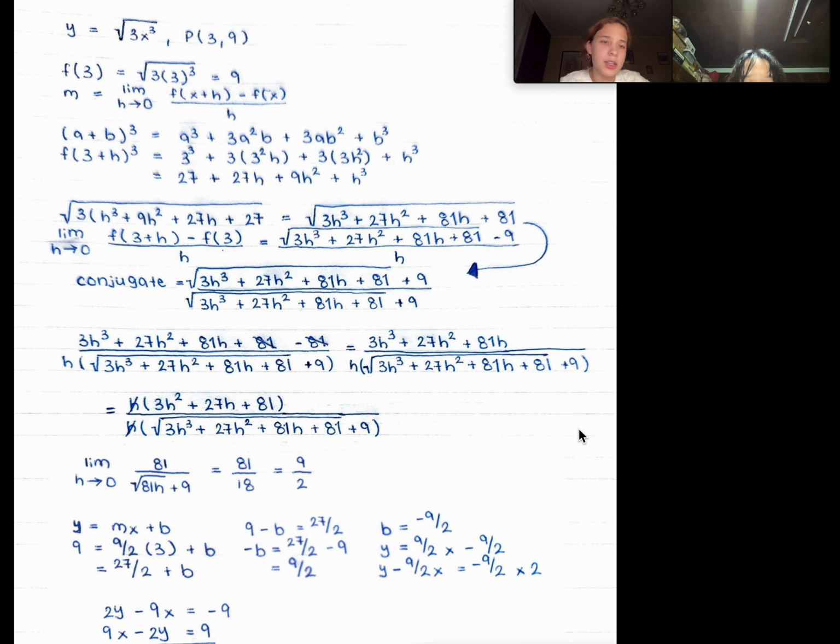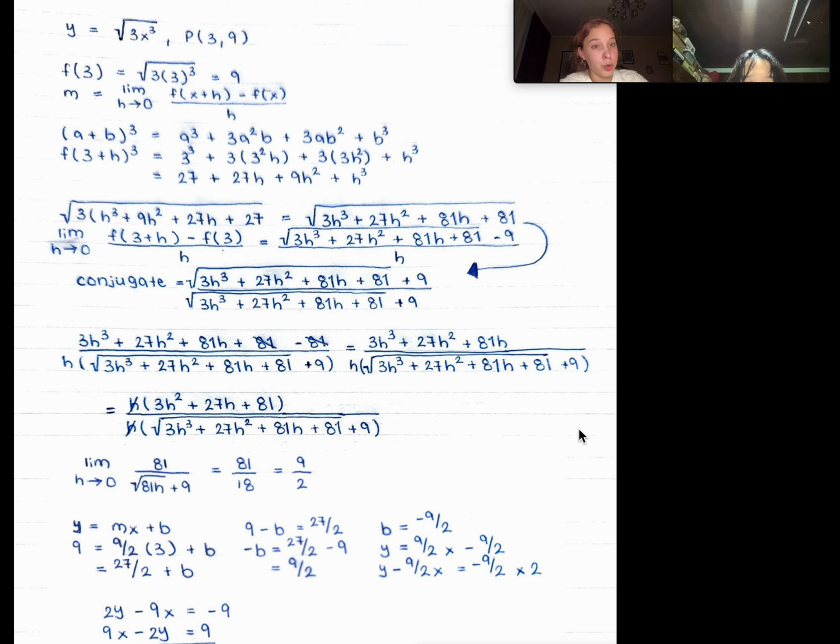However, we also want to find the equation of the tangent. Using the formula y equals mx plus b, we can find it. So instead of y, we can put our value, which is 9. For x, we can put the point that we have, which is 3.